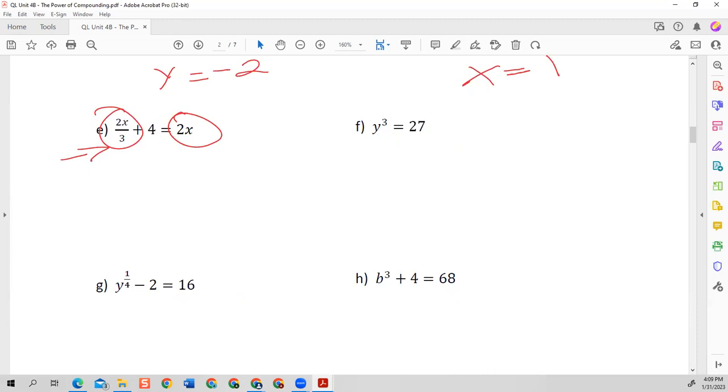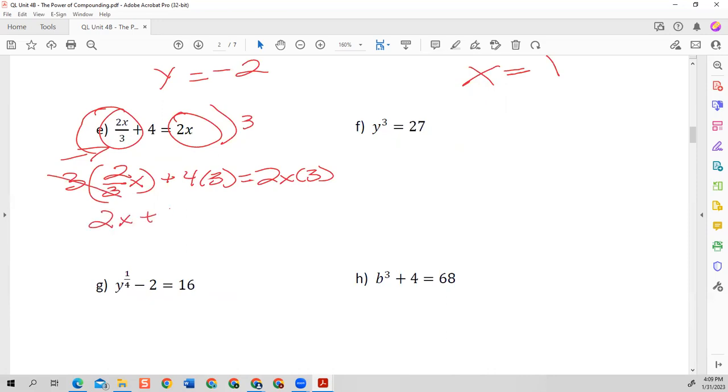So if I multiply this whole entire thing by 3, that means 2/3 x multiplied by 3 plus 4 multiplied by 3 equals 2x times 3. If I do that, I undo the fraction, leaving me with 2x plus 12 is equal to 6x.